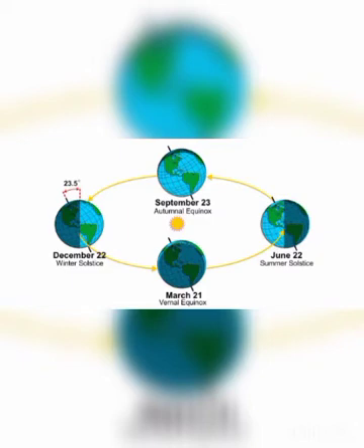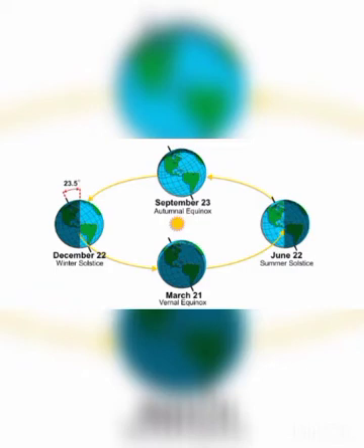Can you understand, ma? Don't confuse. Okay, now listen here. When the North Pole is inclined towards the sun, at the same time, the South Pole is inclined away from the sun.